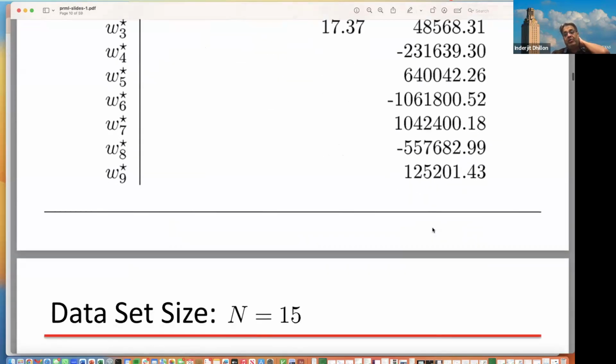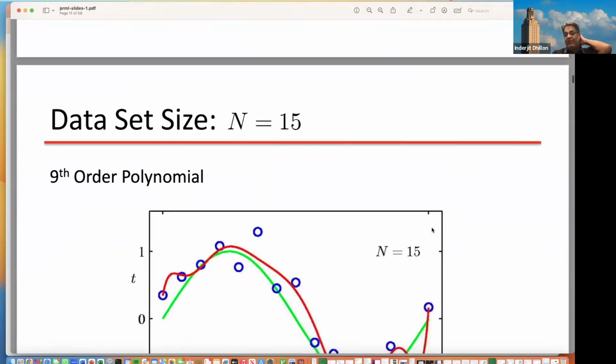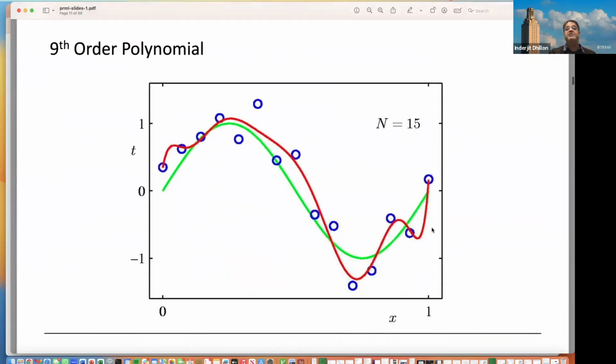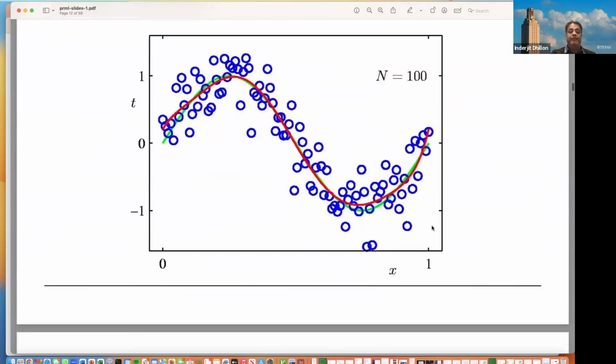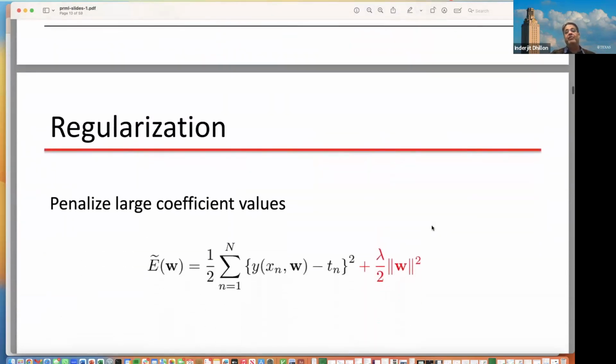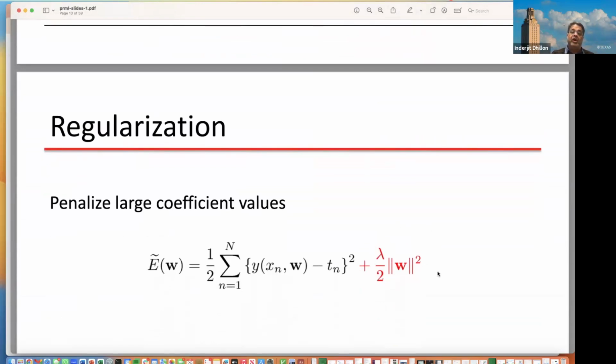So then what you can do is say, okay, my goal is not to just fit the training data. I'm actually going to do something called regularization, which means that I'm going to penalize large values of my coefficients.